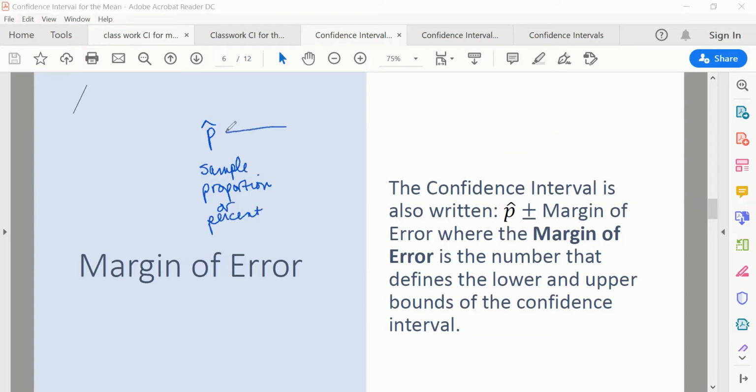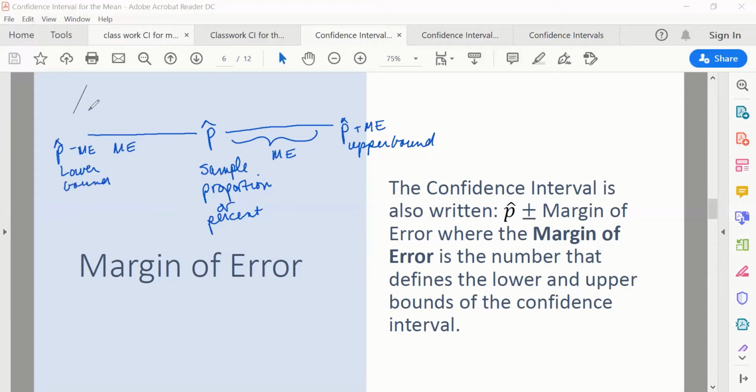We have a margin of error on one side, which gives us p-hat plus the margin of error, which is the upper bound. And on the other side, we're subtracting the margin of error and get p-hat minus the margin of error, which is our lower bound.